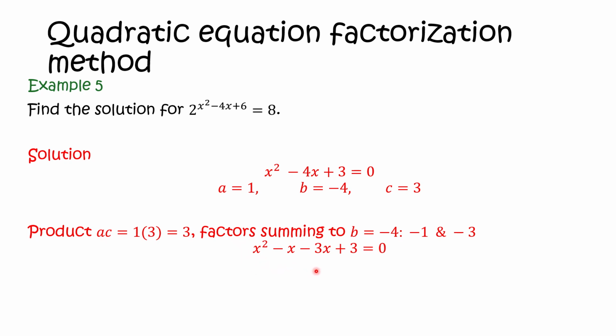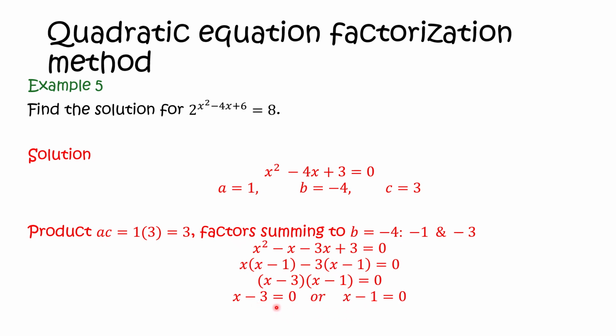Substituting for b with these factors, we are going to have x squared minus x minus 3x plus 3 is equal to 0. Now, factoring out the common term in the first two terms and the last two terms, we are going to get x times x minus 1 minus 3 times x minus 1 is equal to 0. Then simplifying further, we are going to get x minus 3 times x minus 1 is equal to 0.